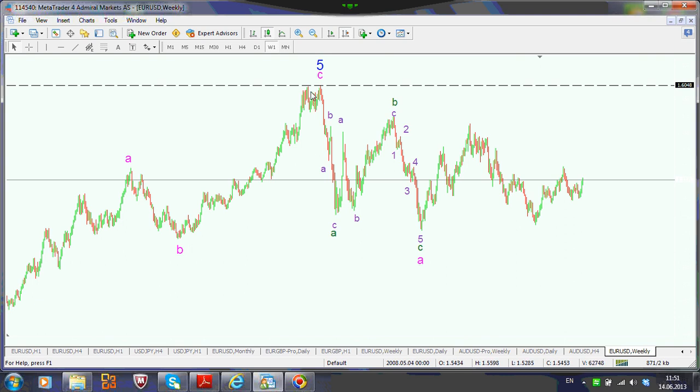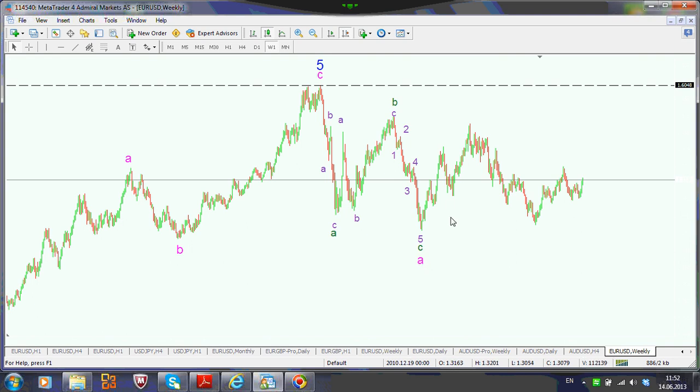So we have our first move to the downside like an A, B, C that makes only wave A, to correct only this wave A, and this to be only the first leg of the correction of the whole pattern that I was calling earlier.